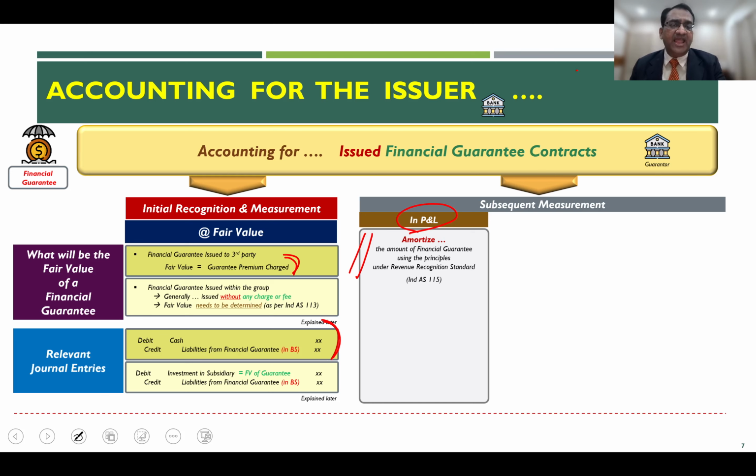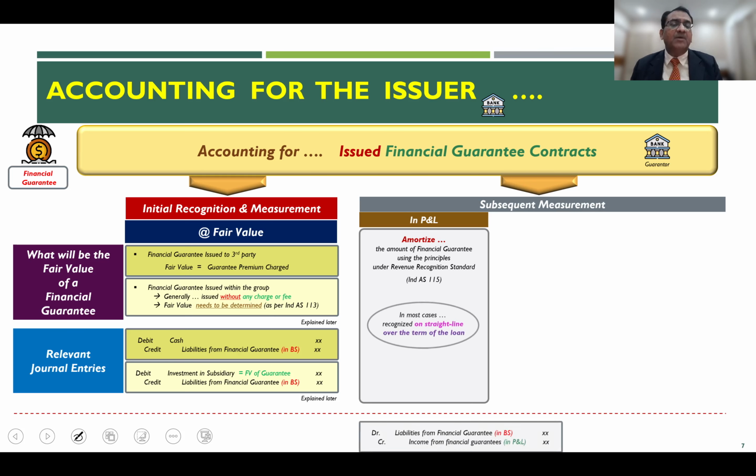So for example, if that 600 rupees of guarantee fee is in respect of, let us say, a guarantee which spans over 3 years, then on an SLM basis, 200 rupees per year over the 3-year period is going to be recorded by the guarantor in its P&L account as guarantee fee income by applying the revenue recognition standard Ind AS 115, or IFRS 15 in the IFRS world.